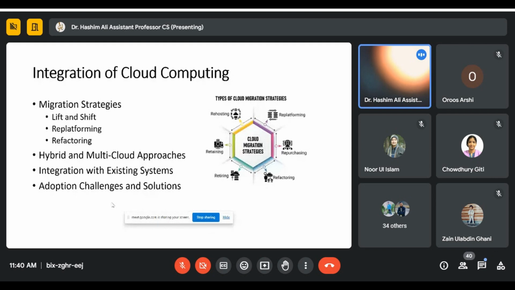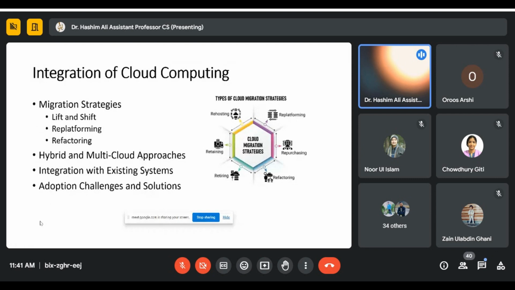In a hybrid cloud or multi-cloud scenario, the distribution of workload is across multiple cloud providers, or combining cloud services with on-premises infrastructure, which helps you reduce dependency on a single vendor and also increases flexibility and resilience. So we can utilize the multi and hybrid cloud approach as well.